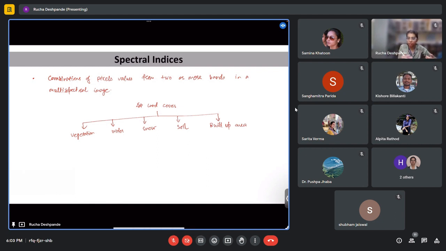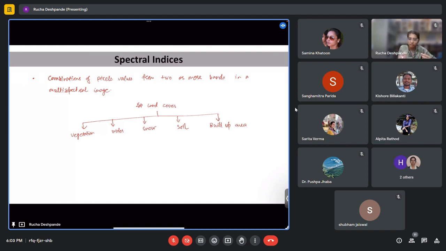So there can be more such cover types which we want to highlight from the single band images. So we use different combinations of these spectral bands in order to highlight these specific land cover types.